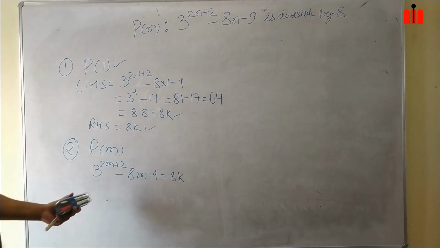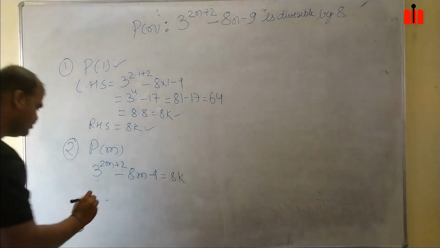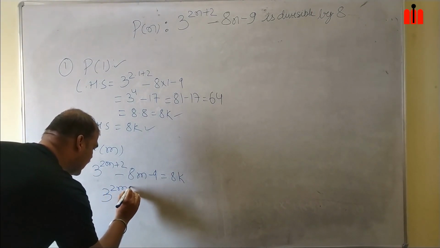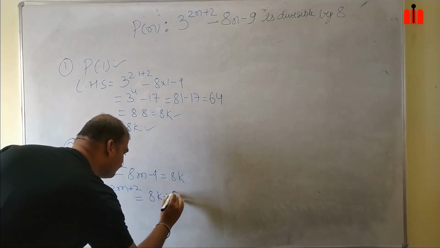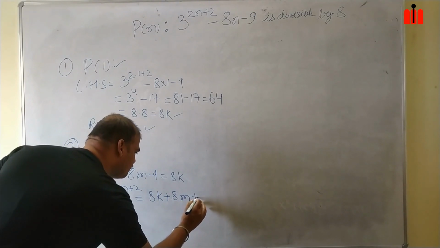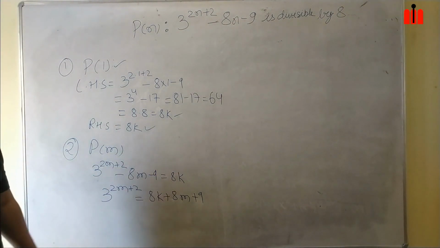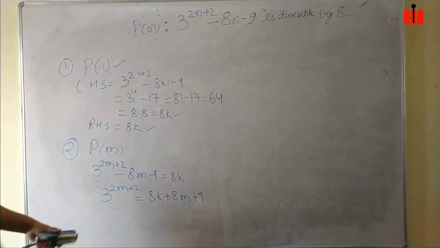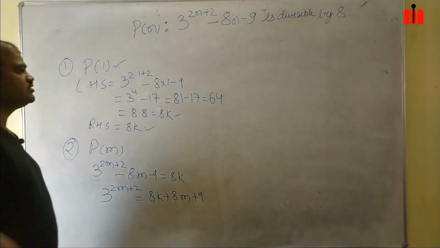Okay, now what we will do, we will get 3 to the power of 2m plus 2 value from this. 3 to the power of 2m plus 2 value will be 8k plus 8m plus 9. Okay, 8k plus 8m plus 9. So this will be value of 3 to the power of 2m plus 2. So what I will do, I will substitute this in my Pm plus 1 statement. That's why I am deriving this 3 to the power of 2m plus 2 value. Okay.